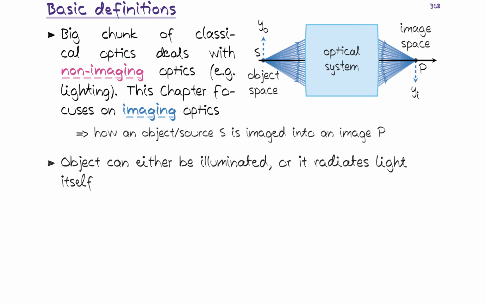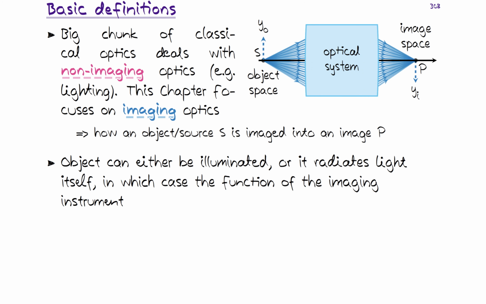But in terms of other types of imaging, many times it's the scattered light that is the relevant piece of light that dictates how we are imaging things. So the object scatters light, and we are imaging that scattered light, and using that we can form an image of the object.